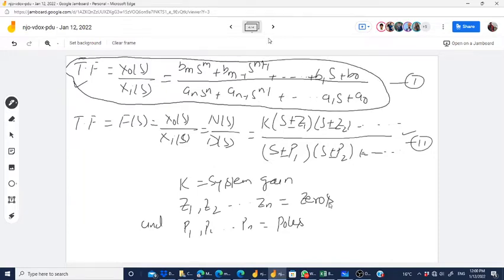So now, let's say I am taking the ratio of b naught upon a naught. This is called the zero order system. And the best example, which I forgot yesterday, I was telling you that I had forgotten, is the potentiometer.